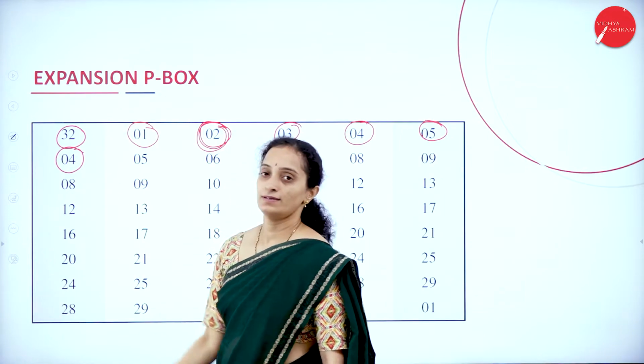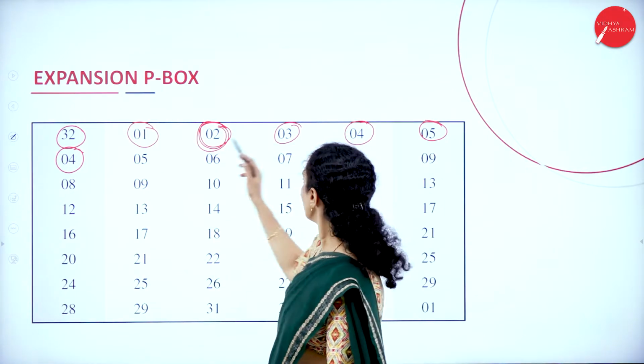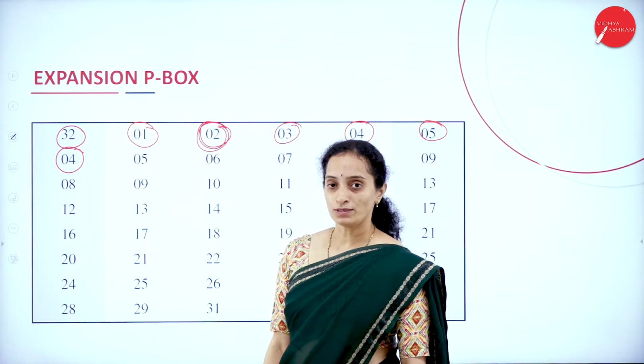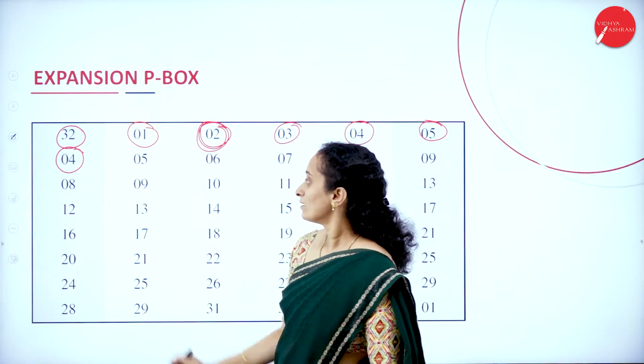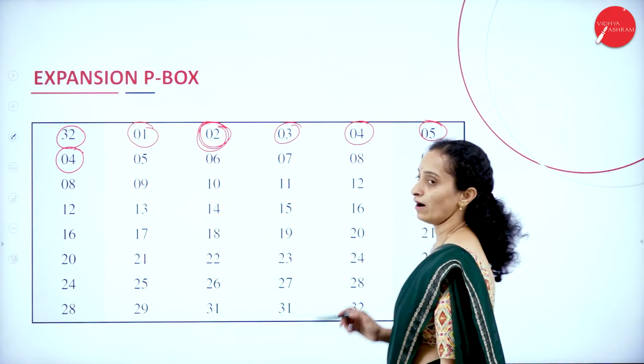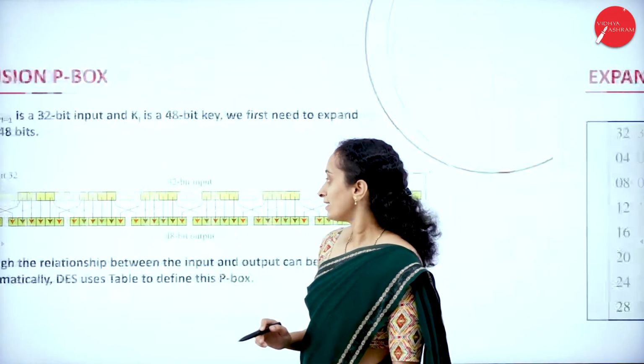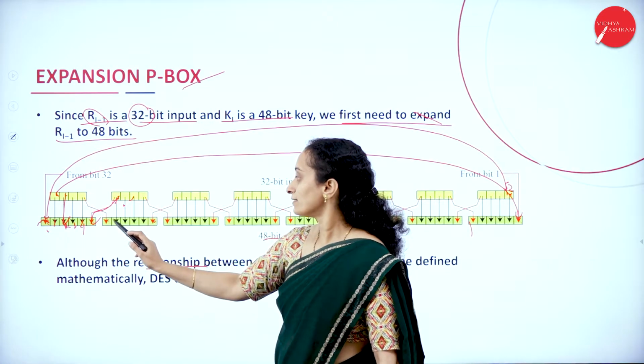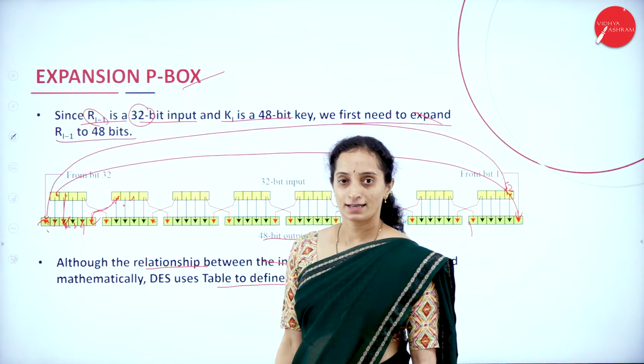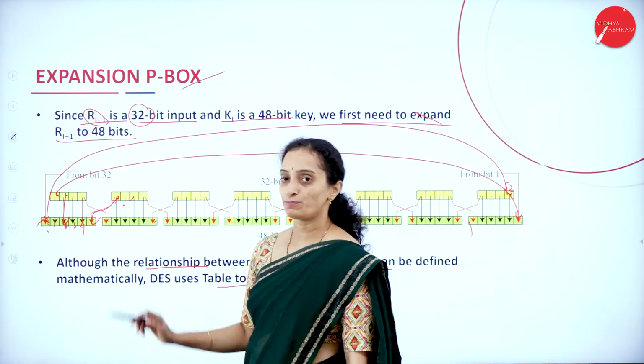Here we have fourth bit will be the input bit which is expanded or which is directed for the 7th bit of output block.